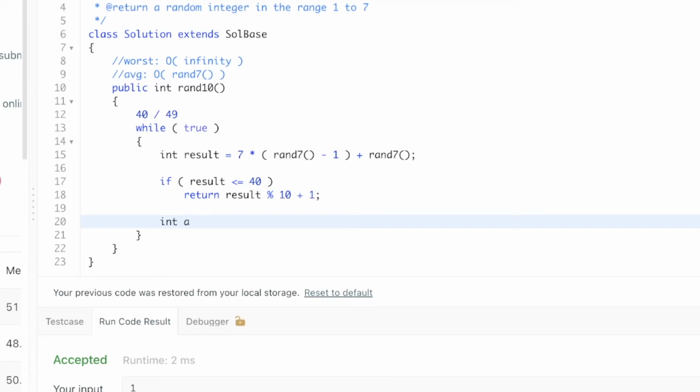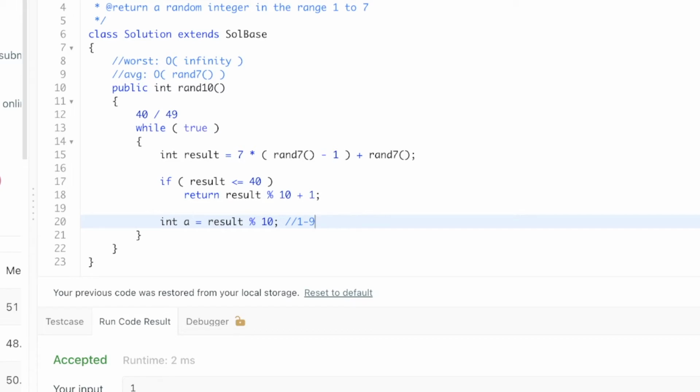Let's just call this int a equals result mod 10. So now this is some number between 1 to 9. And these numbers, 1 to 9, have an even shot of occurring. They have an even probability of occurring, because all I did was take 41 to 49 and do the mod 10. So these have an even distribution, or an even probability of happening.